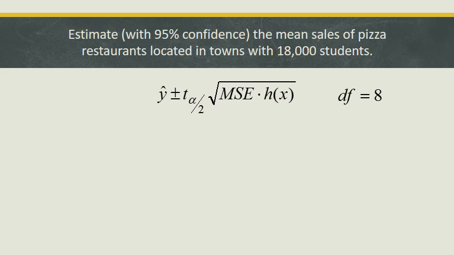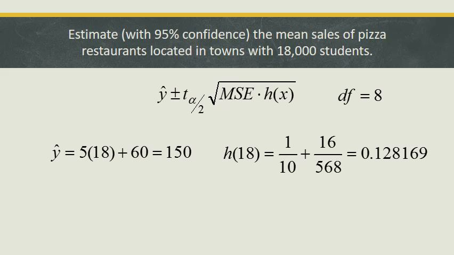Next, we need to find the predicted value of y and the leverage when x is equal to 18. We use the best fit line to find the predicted value of 150. This number is called y hat in the formula, and the leverage when x is equal to 18 is 0.128, and this number is called h.